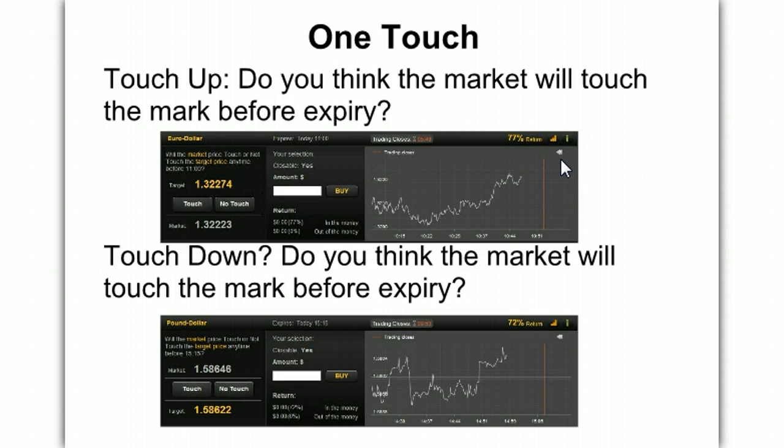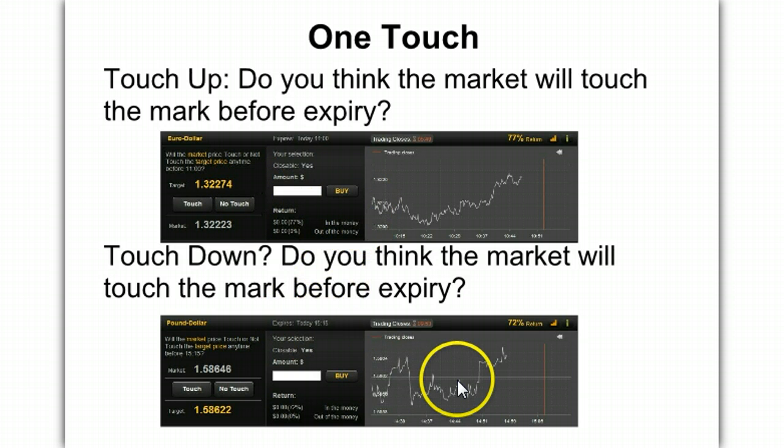Once you select it, it does not move. The market will move up and down, but your target price will stay the same. If you think that the market will touch this before expiry, you would select touch, make your wager, and buy. If you think that it will not touch the line before expiry, you would select no touch.